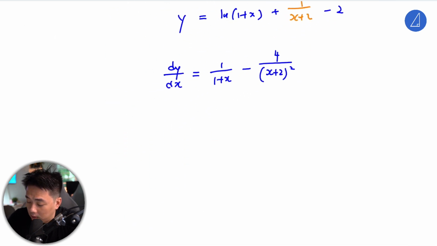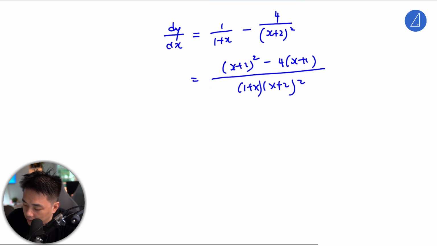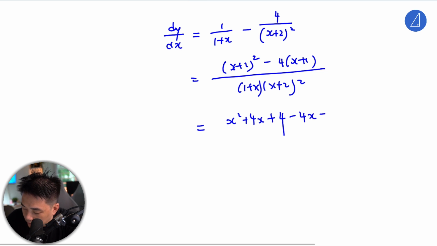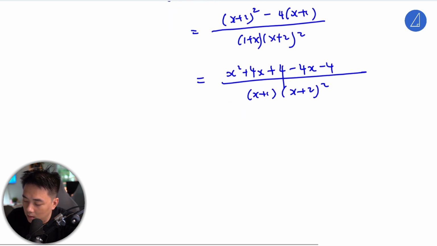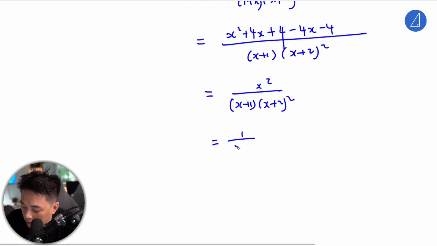It looks difficult here, so what we can do is combine them as a single fraction. This will be (x + 2) squared minus 4(x + 1) over (x + 1)(x + 2) squared. Then x squared + 4x + 4 - 4x - 4 gives x squared over (x + 1)(x + 2) squared, which translates to 1 over (x + 1) times x squared over (x + 2) squared.